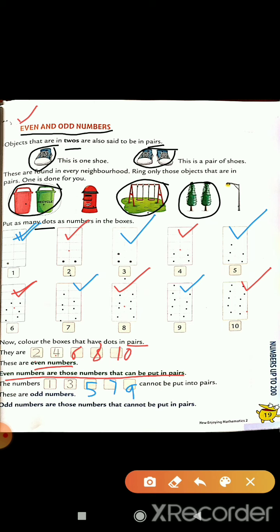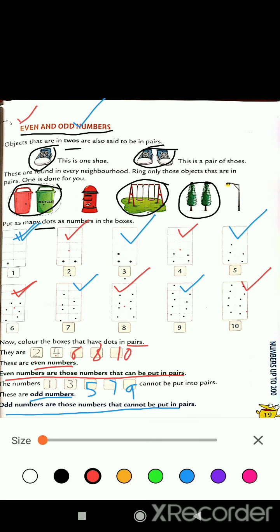So these numbers are which numbers? Odd numbers. So odd numbers are those numbers that cannot be put in pairs.